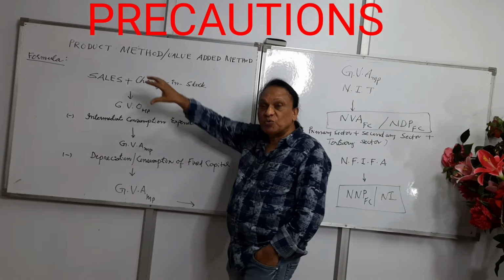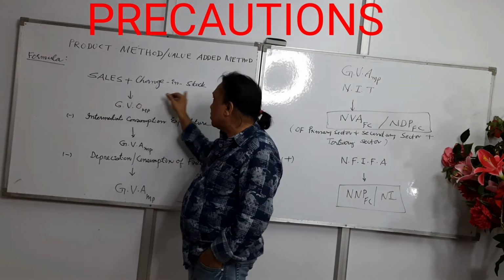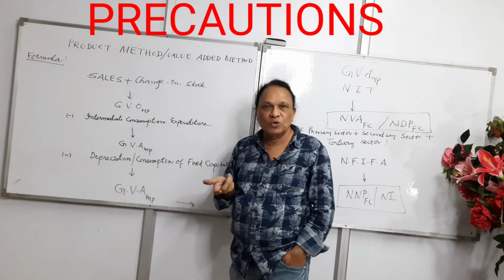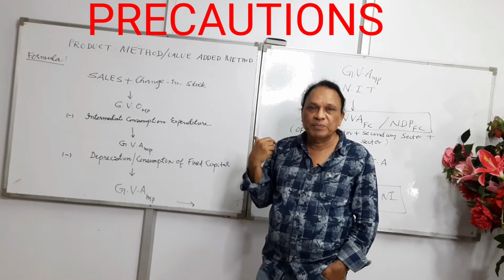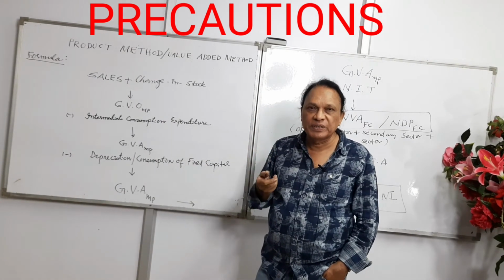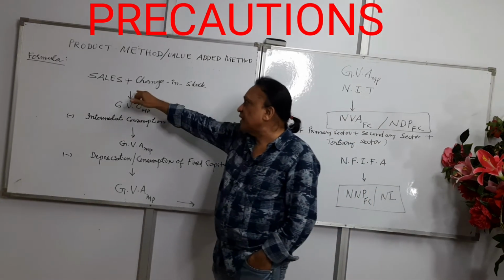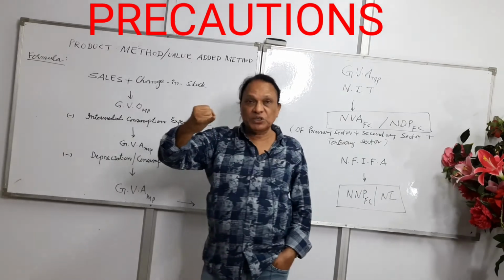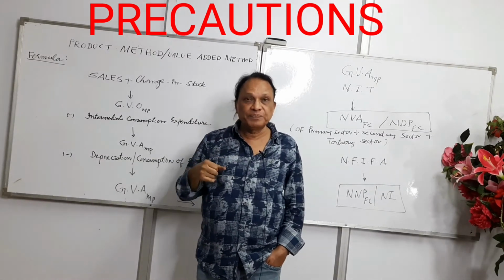So they give you the values like this: sales plus change in stock. Change in stock can be closing stock minus opening stock. Just keep in mind, we'll be practicing numericals. Next formula, sales plus change in stock. These sales can be domestic sales or can be exports.